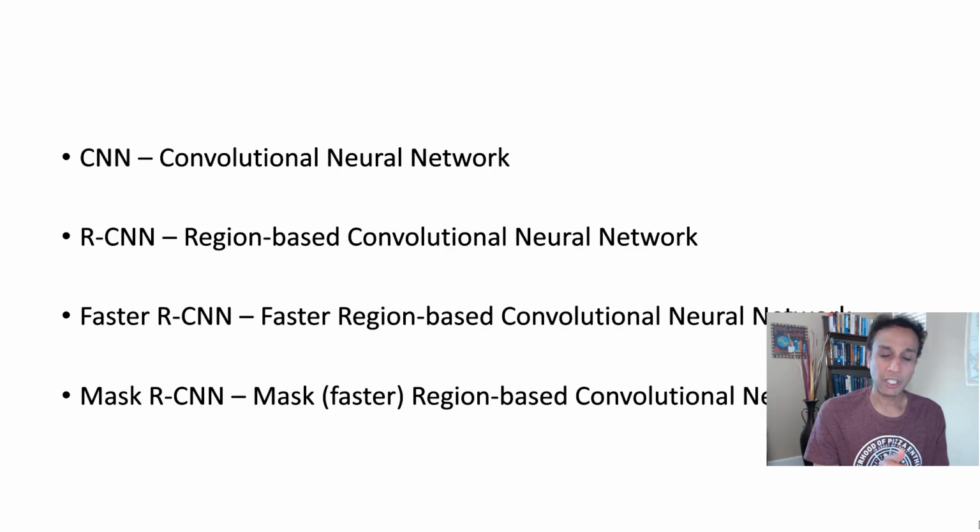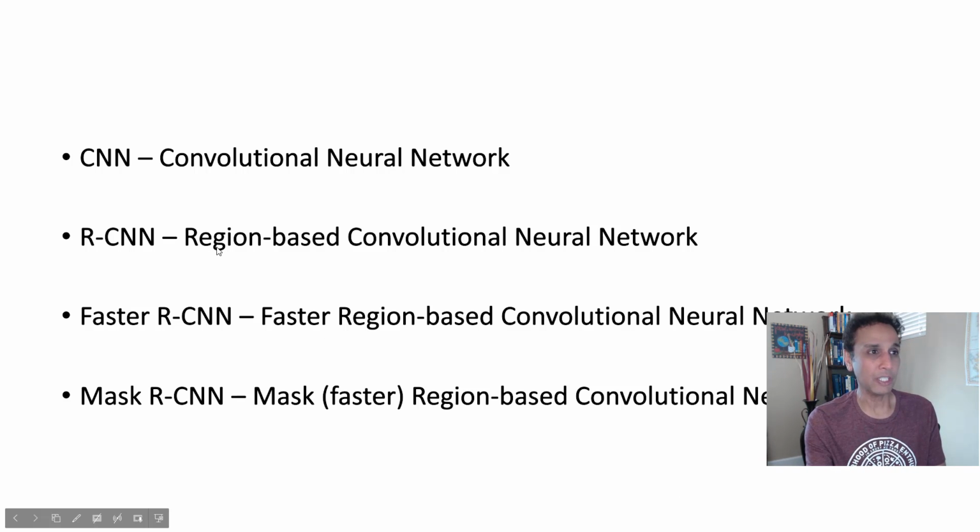The CNN in Mask RCNN stands for convolutional neural networks, as many of you probably know. And RCNN is basically a region-based convolutional network. So we're getting the terminology straightened out right now. Faster RCNN is faster region-based convolutional neural network, and in between R and faster, there indeed is something called Fast RCNN.